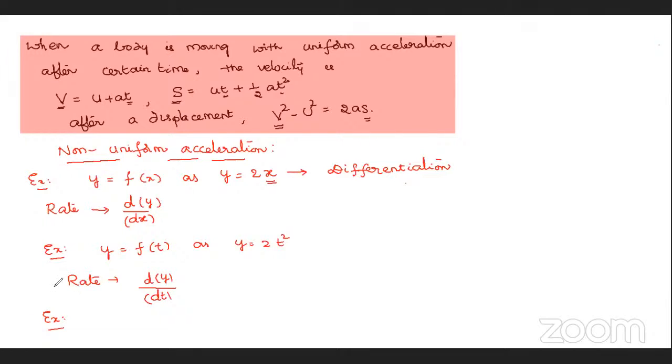Now I am asking you, suppose I give one example. In differentiation particularly, you have to give the answer. Be ready here. Suppose some variable x is changing as a function of some z, and given as x is equal to log z.